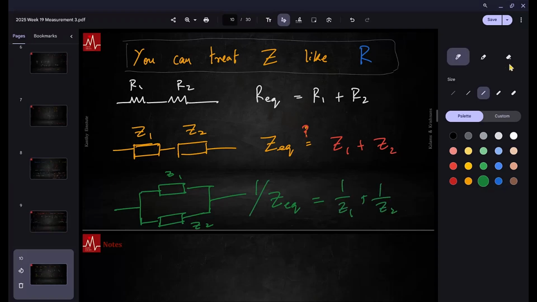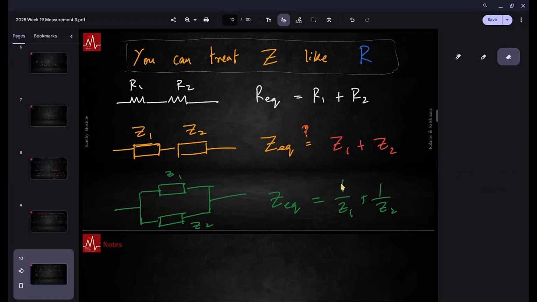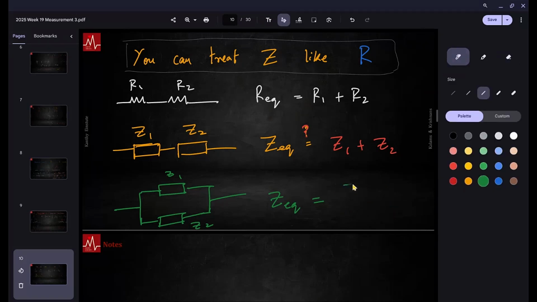That's correct. So you get Z1 Z2 by Z1 plus Z2. Right? Yeah.